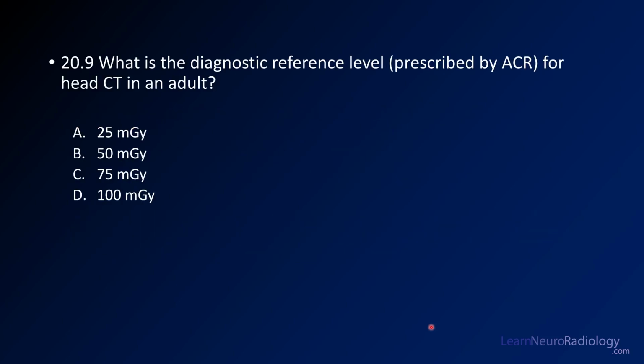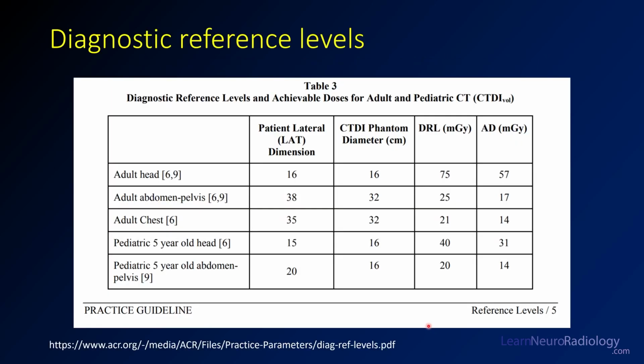Question 9. What is the diagnostic reference level by ACR for a head CT in an adult? I've given you 4 values here ranging from 25 to 100. It seems like those values are relatively close together, but this is something that you need to know. This is a table from the ACR of the diagnostic reference levels, in this column here.